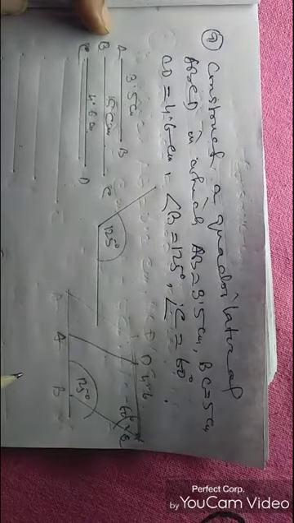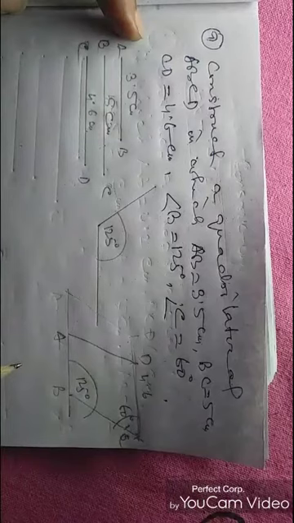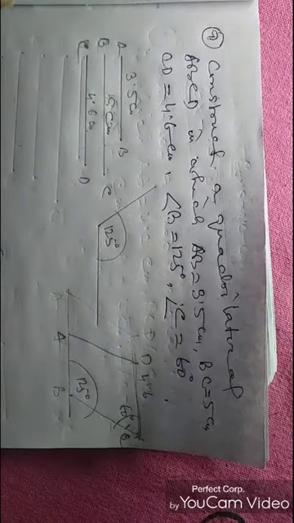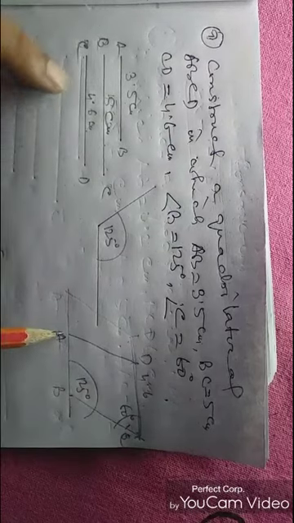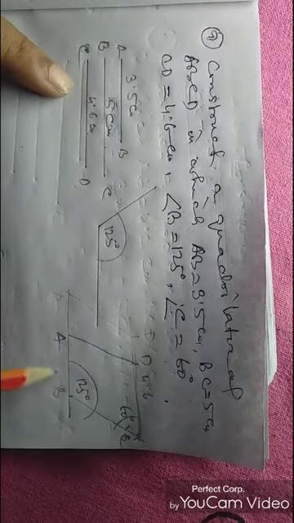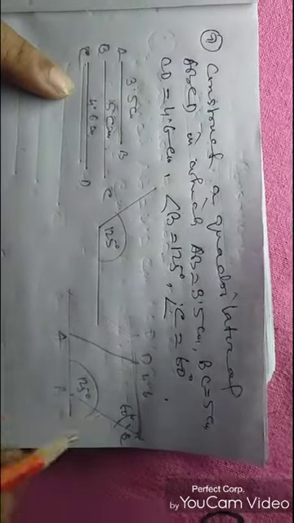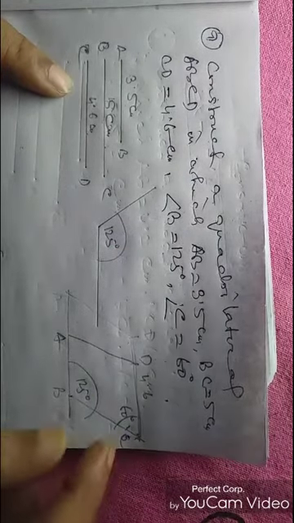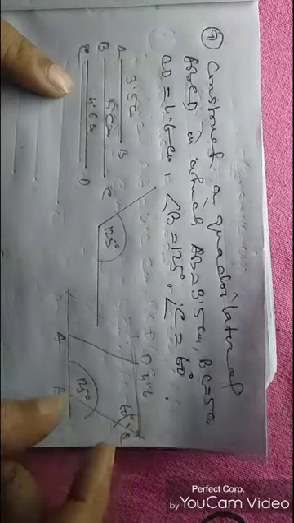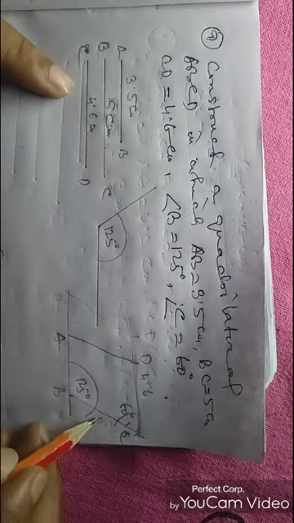Now, what I told you in my last video also, try to draw the rough sketch. Taking this side AB, at point B draw 125 degree. Take BC from here, cut BC, then you will get this is 5 semi.